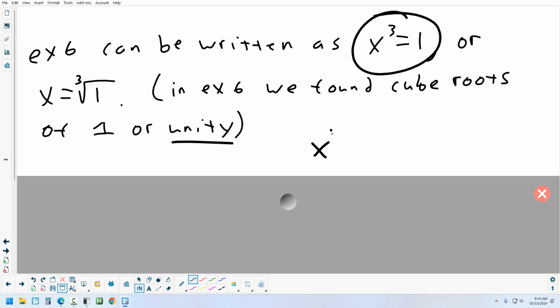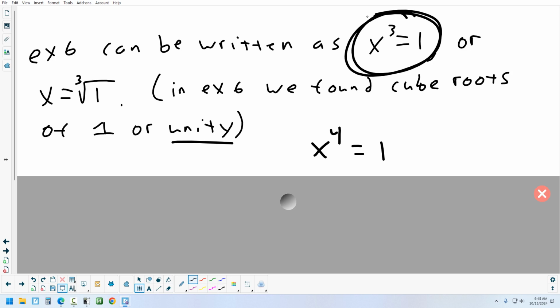So you'd be doing something like this. That's the equation you would solve to find the 4th roots of 1. That's the equation you would solve to find the cube roots of 1.